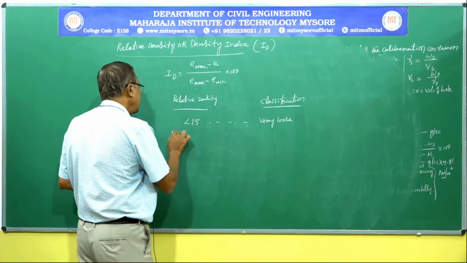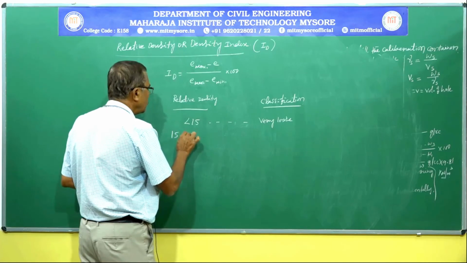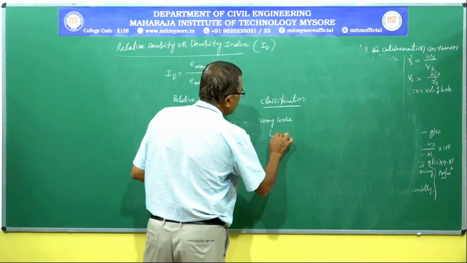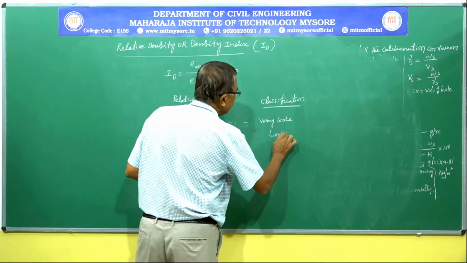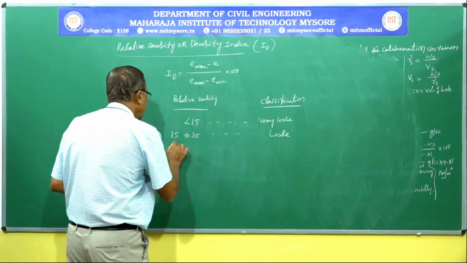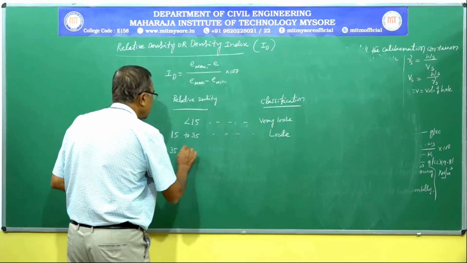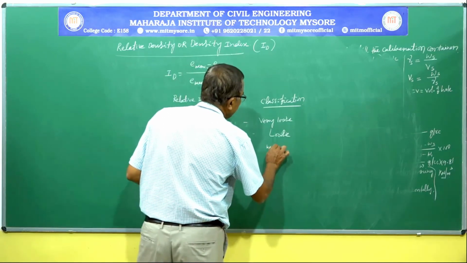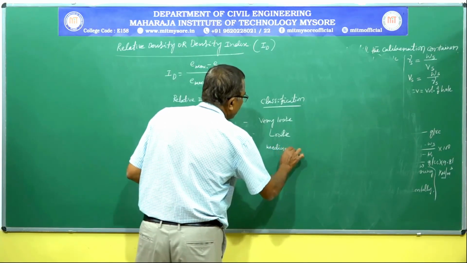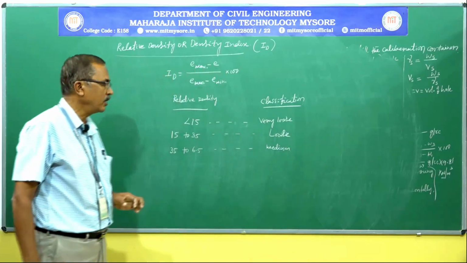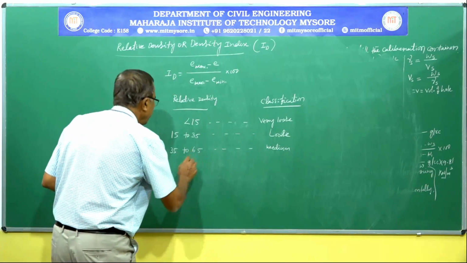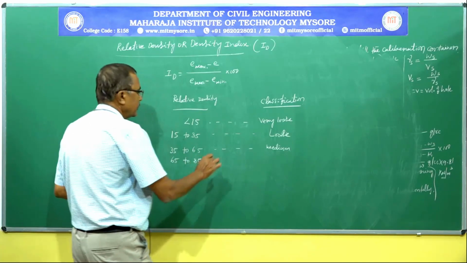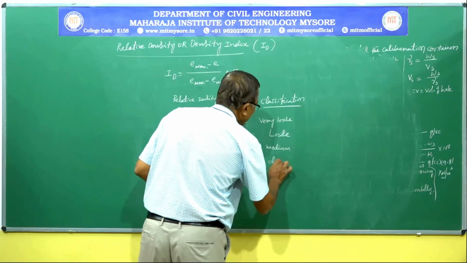If the relative density ranges between 15 to 35, it is loose soil deposit. If it ranges between 35 to 65, it is called medium dense soil. If it ranges between 65 and 85, it is called dense soil.